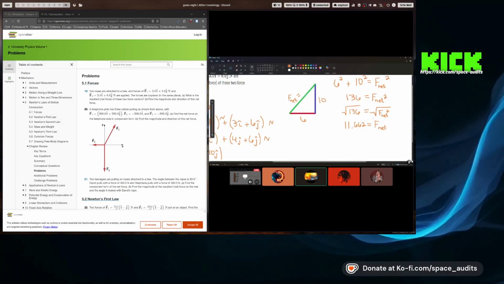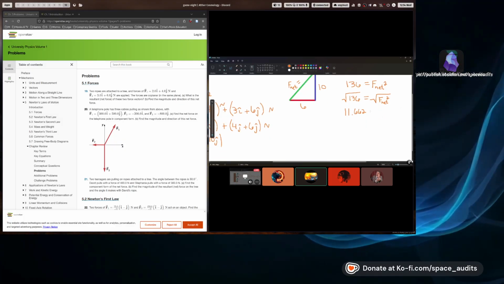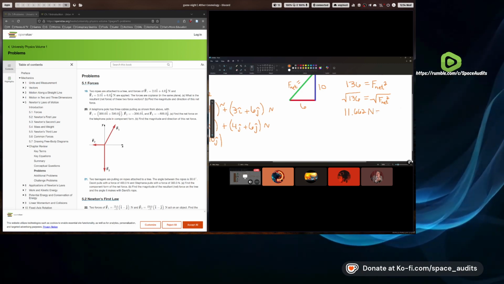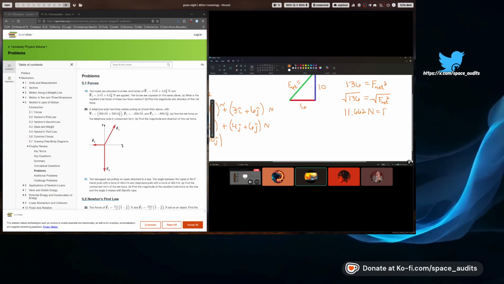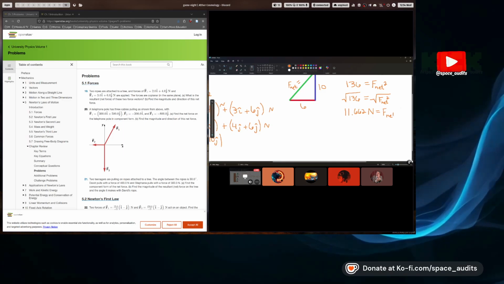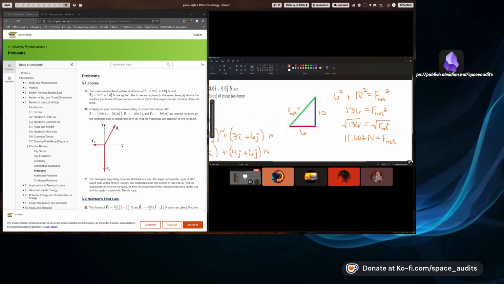Okay, so this is the magnitude of F net. Oh, and you know what? I need to put the units. The unit for force is newtons. So F net is about 11.662 newtons.